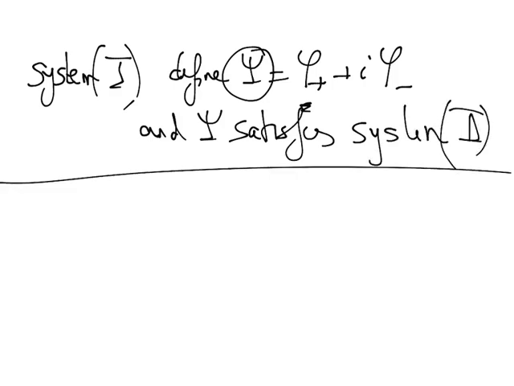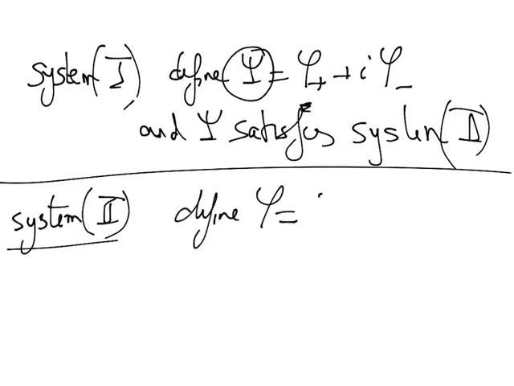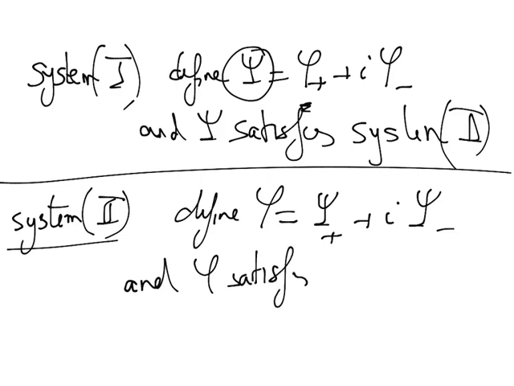For the converse, assume that you have system 2, so you have a spinor field psi satisfying the good equation, then define phi to be psi plus i psi minus also, and then phi satisfies system 1. So I can go from system 1 to system 2, and from system 2 to system 1. This means that I have a Lawson type correspondence between minimal surfaces in the Heisenberg group and constant mean curvature half surfaces in H2 times R.